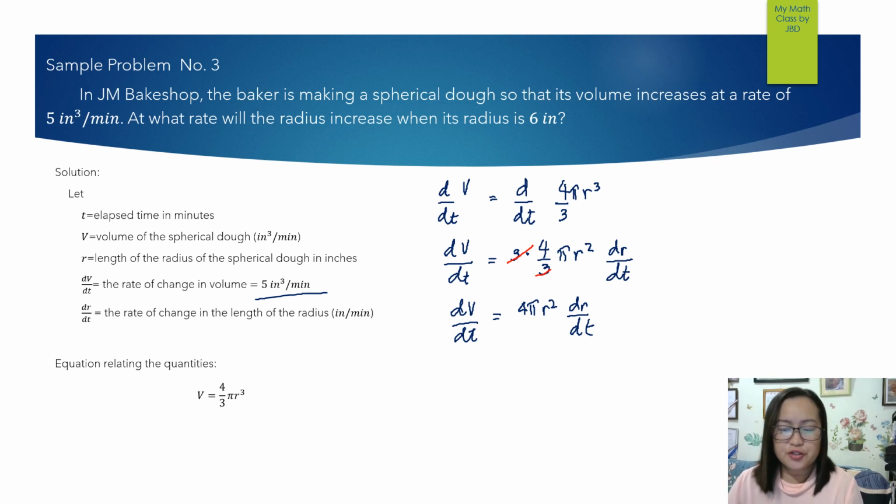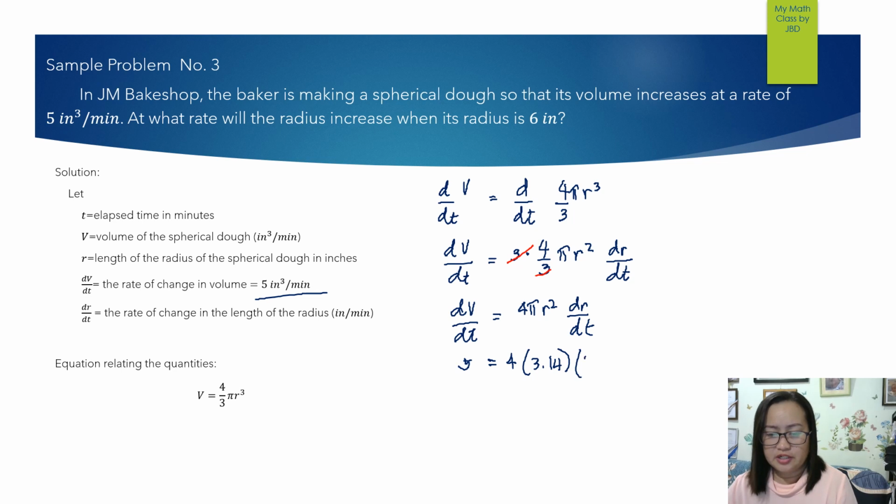Now, substituting the known values in the equation, we will have 5 for dV/dt, then we use 3.14 for pi, then r is 6. We don't know dr/dt because that is what we are asked to look for. Simplifying this, we will have 5 equal to 452.16 dr/dt.